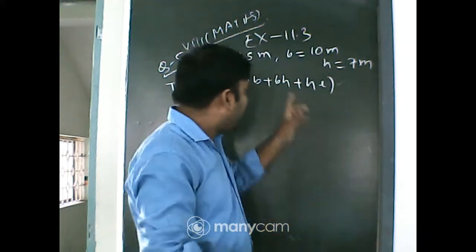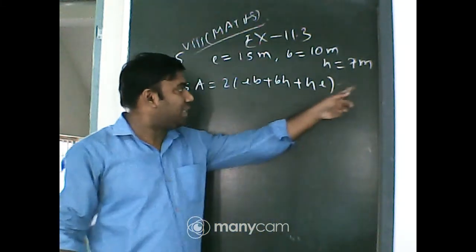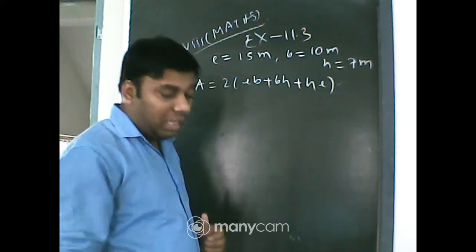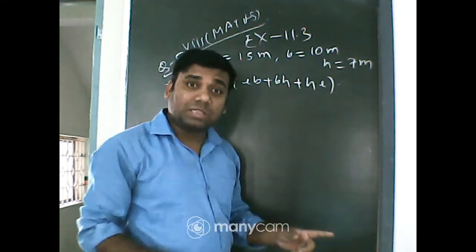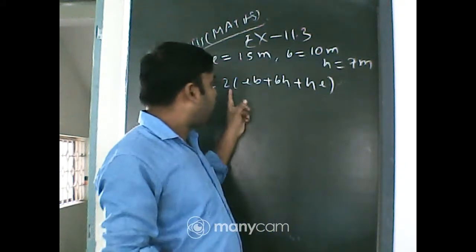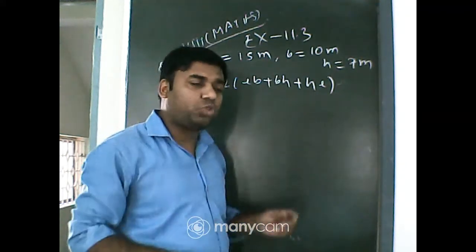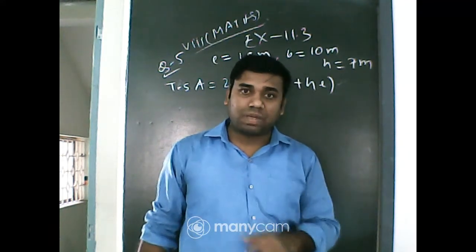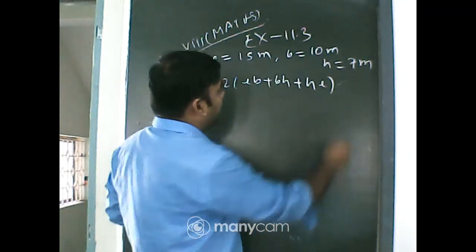So what will I minus here? It means 4 walls plus ceiling plus floor, so I have to subtract the area of the floor. Area of the floor will be minus LB.